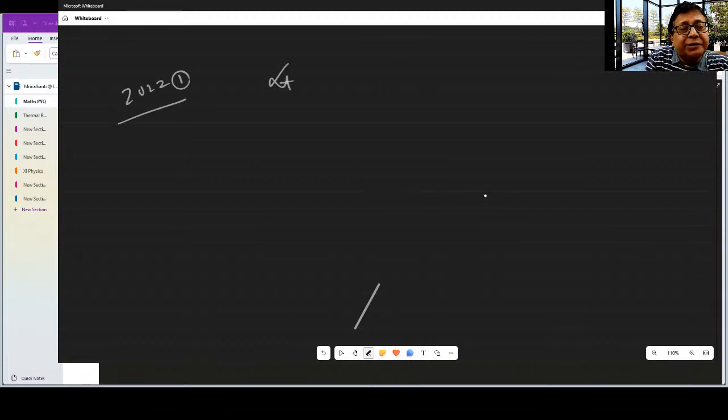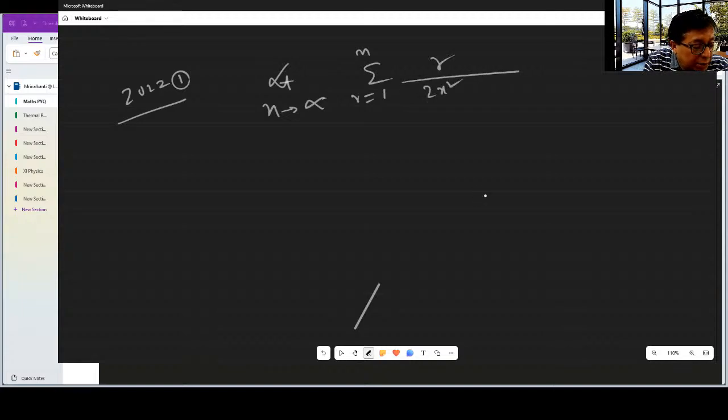Sum I am writing: evaluate limit n tends to infinity, sigma r equal to 1 to n, 2r square minus 7rn plus 6n square. This is equal to what? Options are not written. You just evaluate the concept you have got by using it.